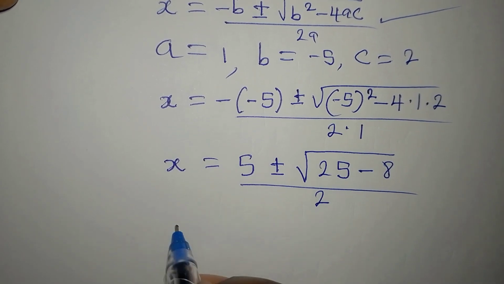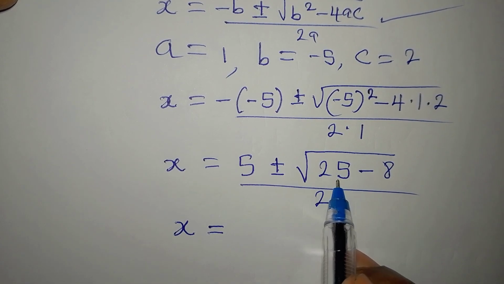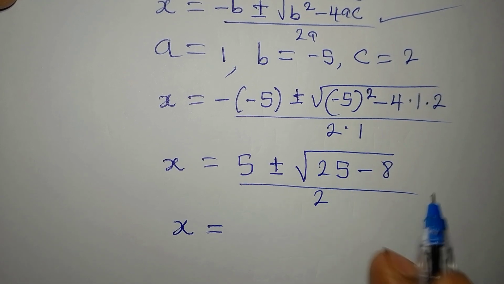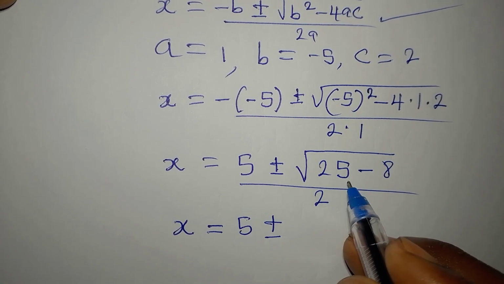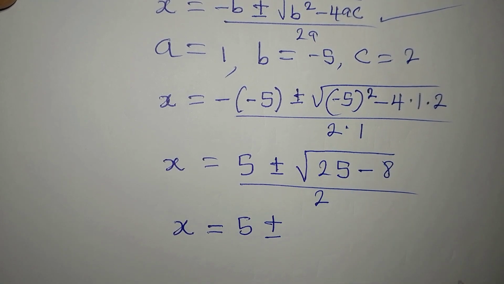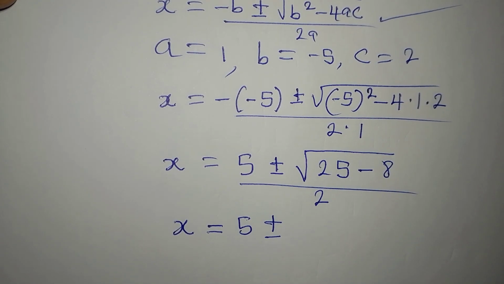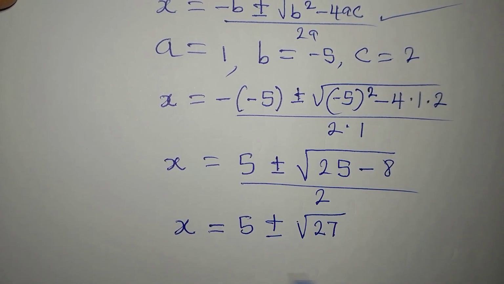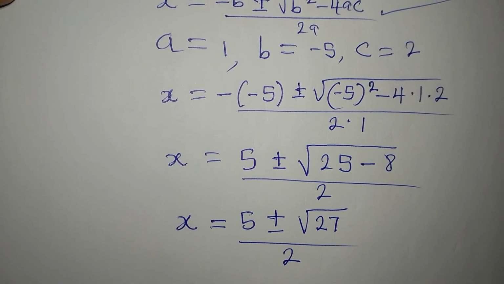To continue from here, x will be, do not find the square root of 25 or find the square root of 8 until you simplify them. So we have 5 plus or minus square root of, 25 minus 8 is, okay, 27, so we have 27 here, then we divide by 2, right?